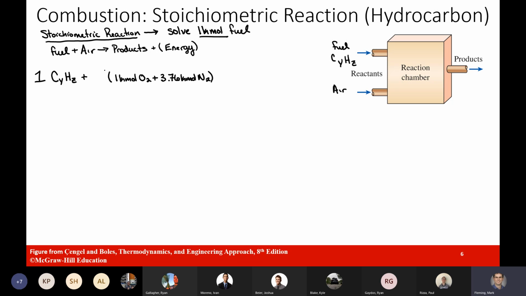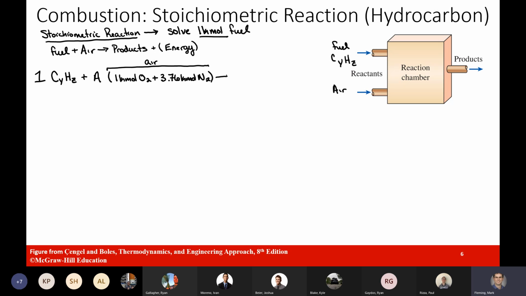This represented the model that we had for air, and we'll note that that is air. Then we need to put a stoichiometric coefficient out front, so let's have A be the representative coefficient for air. Those are the two reactants coming into our system.